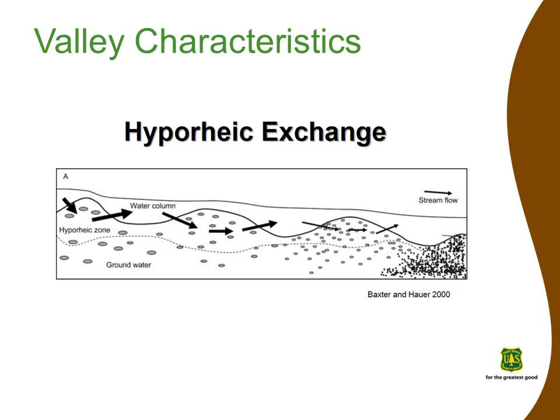Hyporheic flow is, again, that water that flows through the stream bed and mixes with the subsurface water layer. This actually cools the water down, changes or processes nutrients, and these areas have robust aquatic bug diversity.